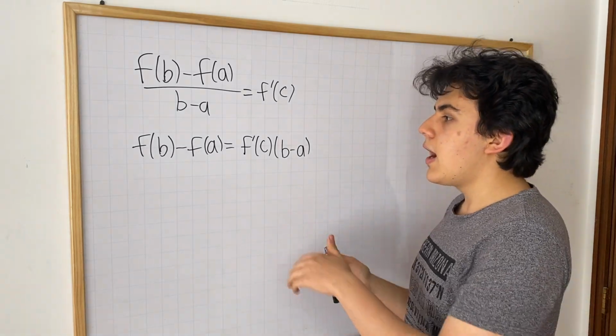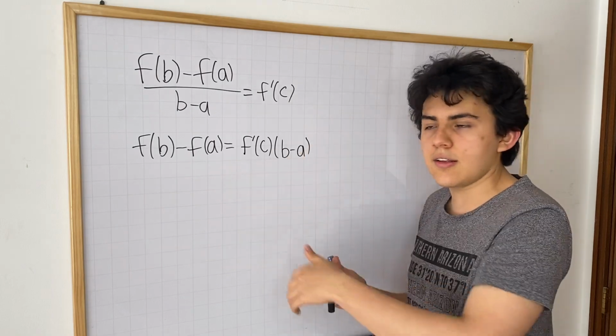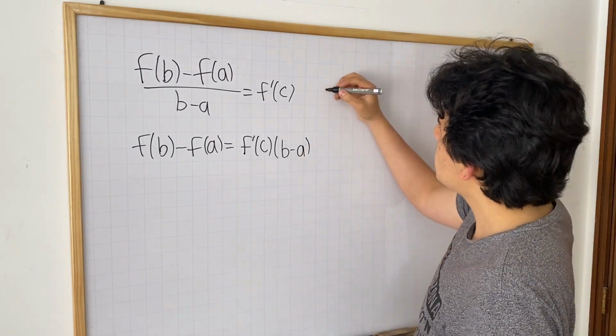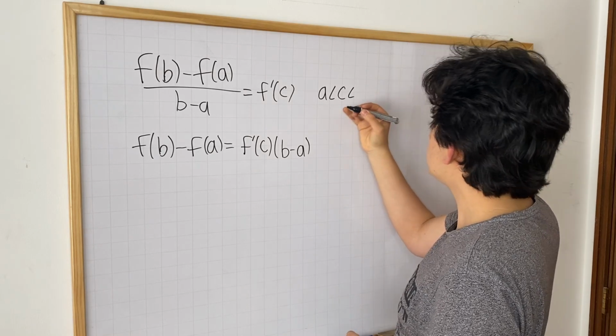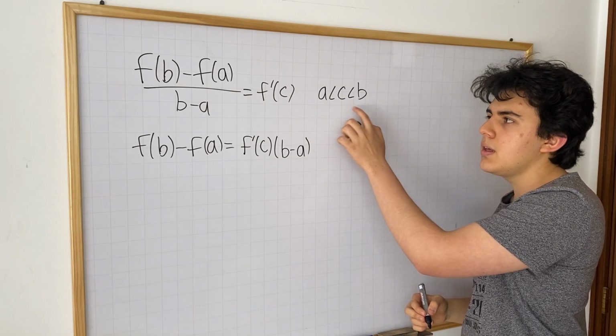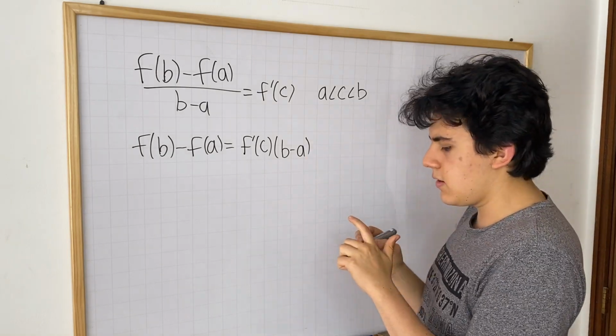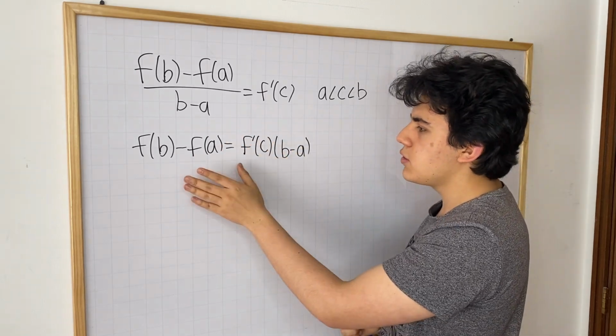And of course, there are some conditions. There's an inequality that a, b, and c must satisfy: a must be less than c, and also c must be less than b, okay? So basically we have an interval from a to b, and c must be inside that interval, okay? So now this is the second equation that I want to discuss.